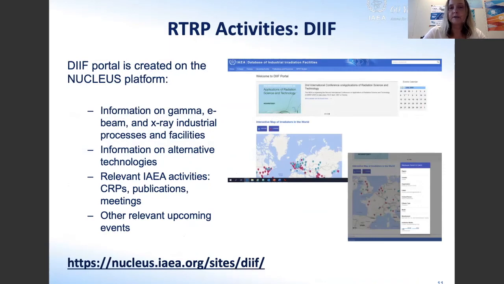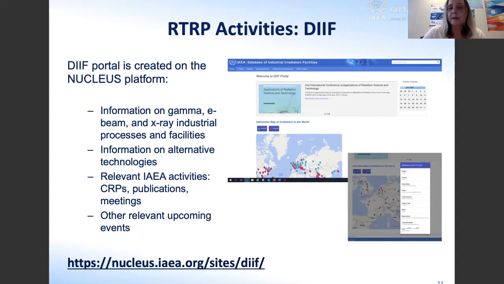One particular activity I would like to talk about today is the database on industrial irradiation facilities, DIIF. This portal was created on the Nucleus platform, and you can see some screenshots here, and it contains information on numerous gamma, E-beam, and X-ray industrial facilities.